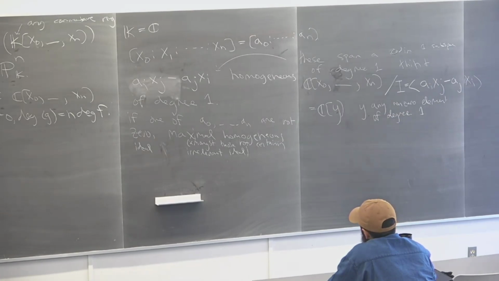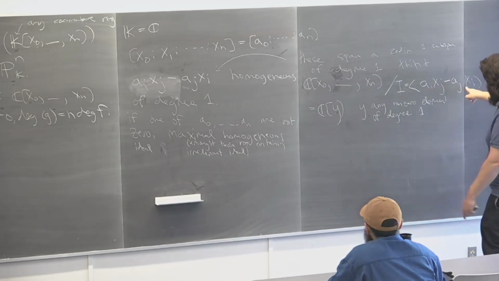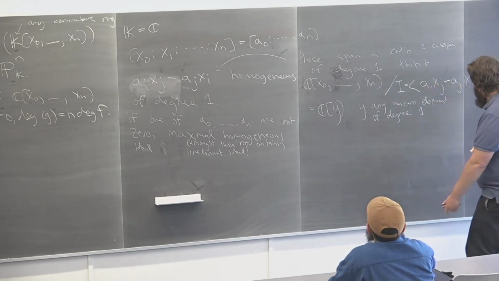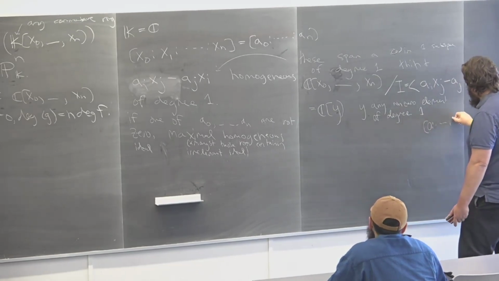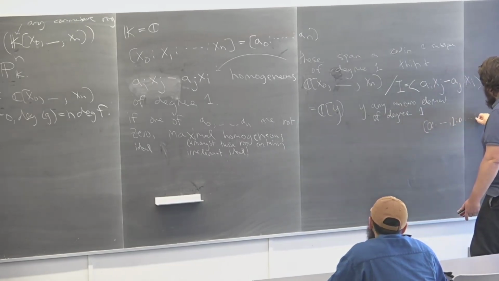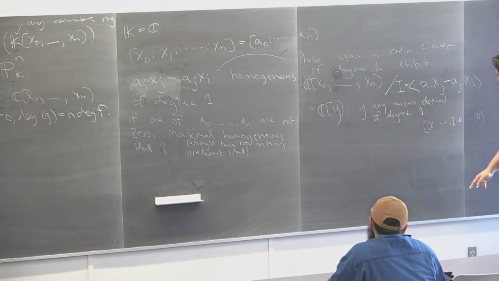So one of the extreme cases of this is if I take all of these coordinates to be 0 except for one of them, then the only one of these xi's with non-zero image is this guy. Set all the other ones to 0.